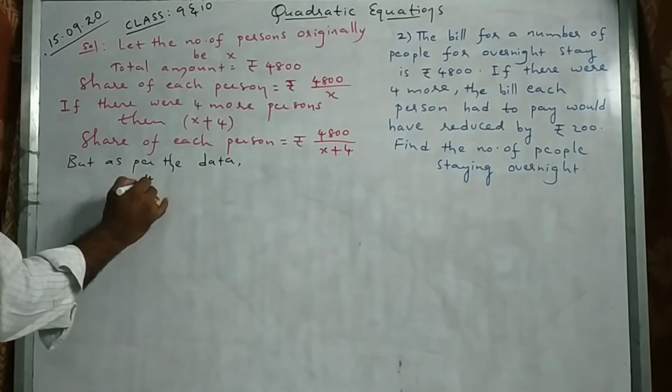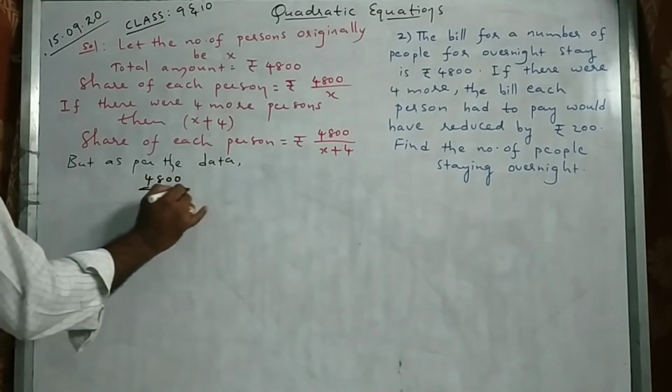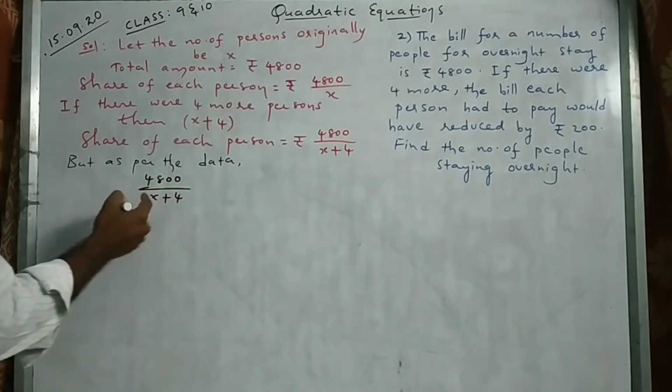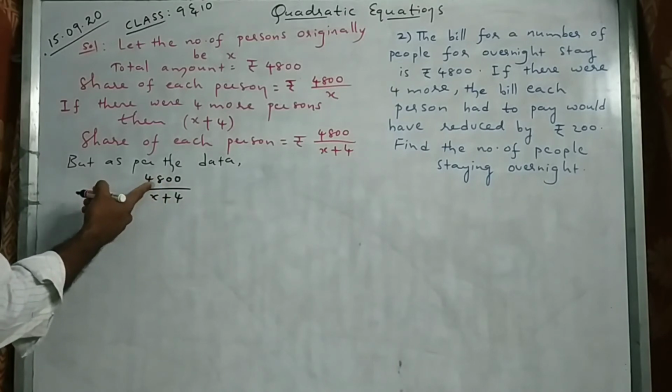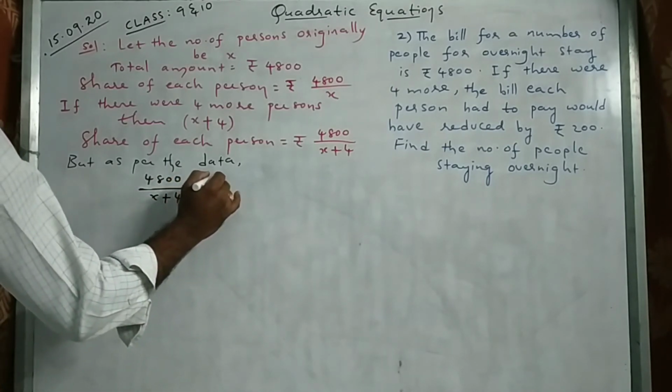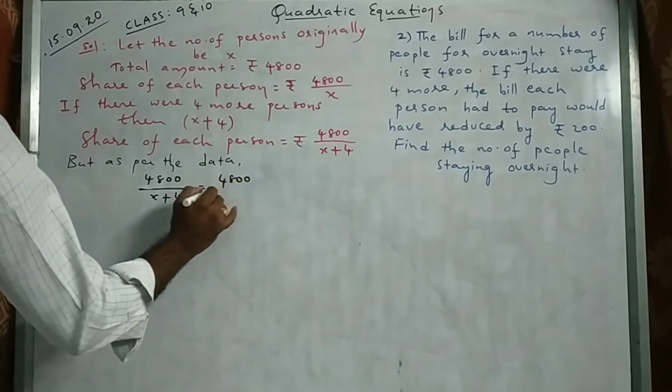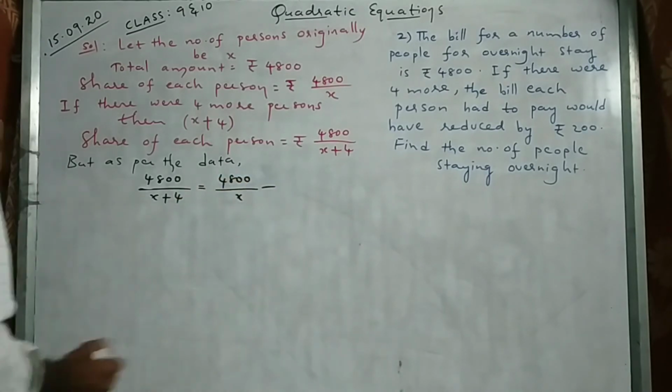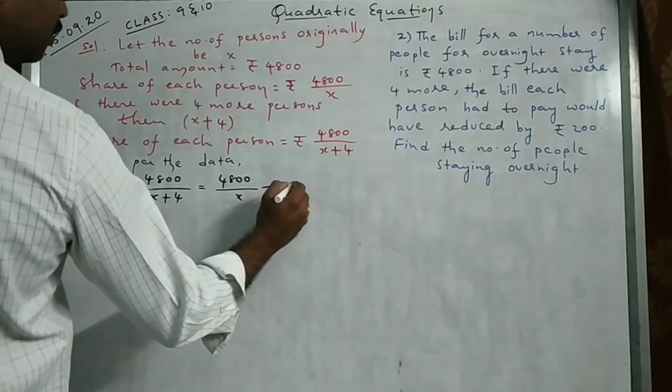So 4800 by x plus 4, after increasing those 4 persons, this is the share of each. This will be equal to 4800 by x minus how much less now? 200.